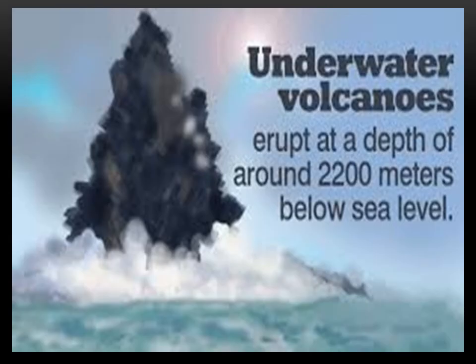The boundaries allow superheated molten rock called magma, along with ash and gases, to rise through Earth's crust and emerge on the surface, often dramatically. Since many plate boundaries are submerged, around three-quarters of all volcanic activity on Earth actually occurs underwater. And they erupt at a depth of around 2,200 meters below sea level.